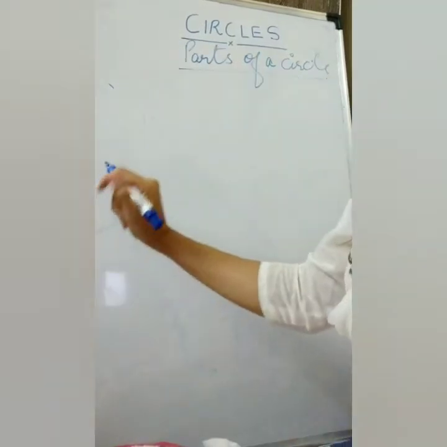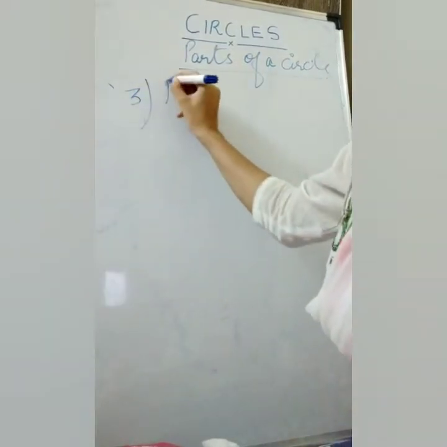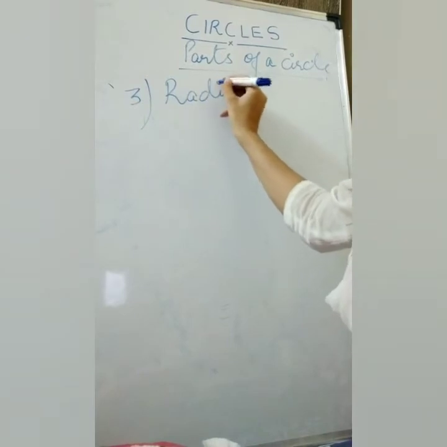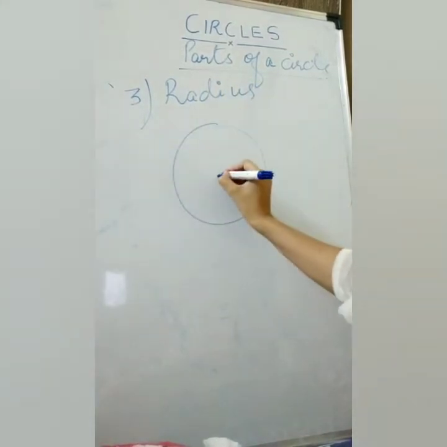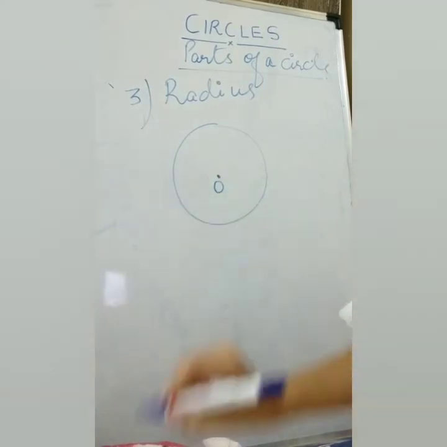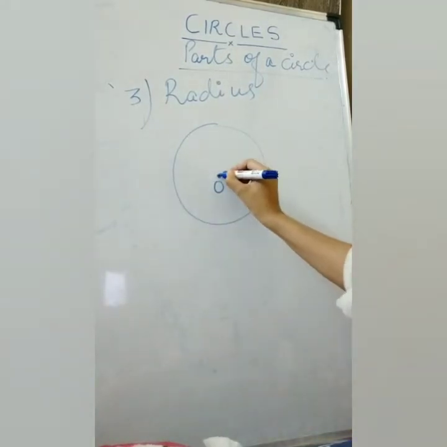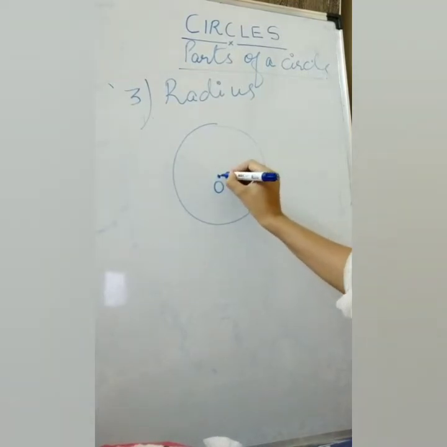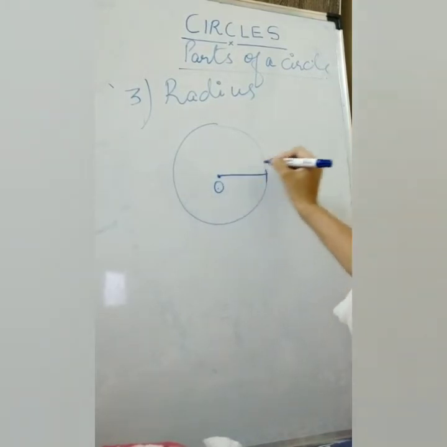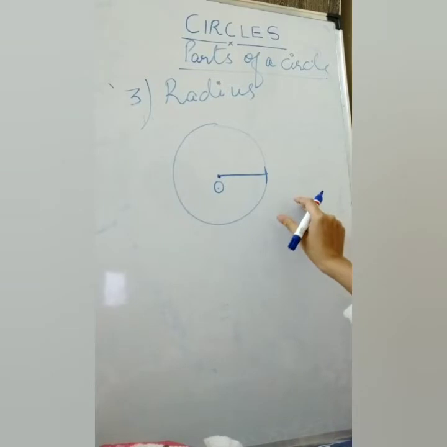Okay. Now number third is radius. What is radius? Suppose this is a circle. This is the center of the circle. This is a line which touches the center of the circle as well as the circumference of the circle.